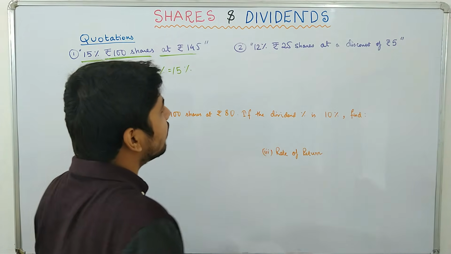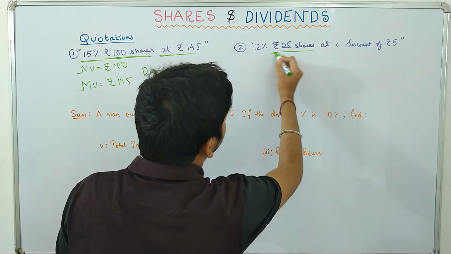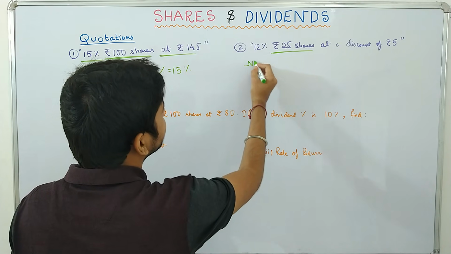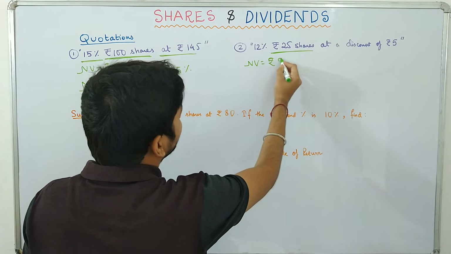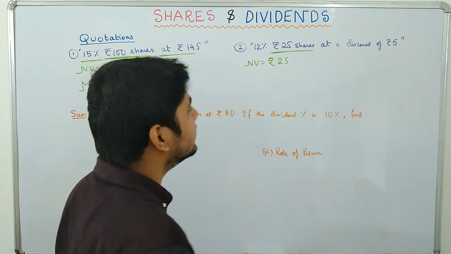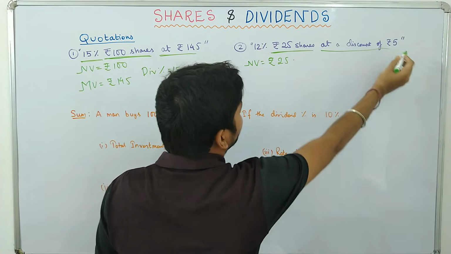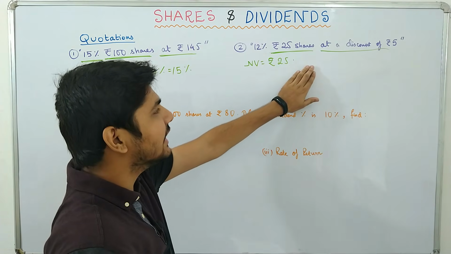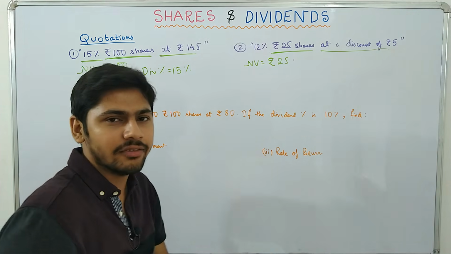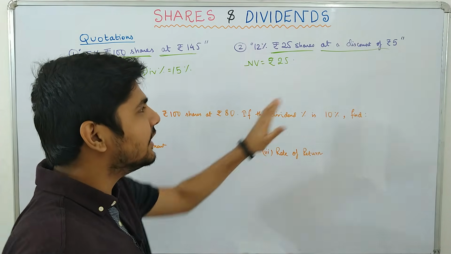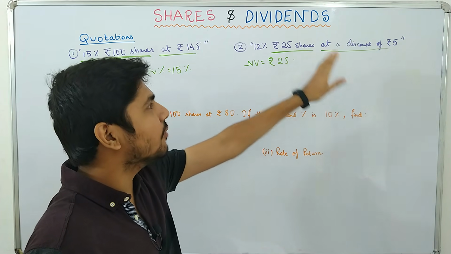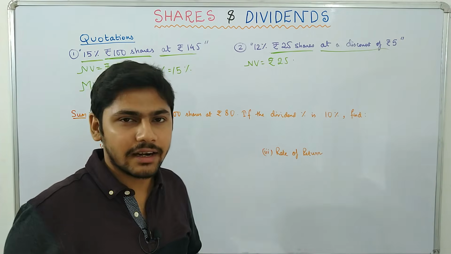First of all, we see rupees 25 shares. This gives us the nominal value, which is rupees 25. Then we see at a discount of rupees 5. That means rupees 25 shares are selling at a discount of rupees 5. I told you earlier, whenever it is given at a discount of rupees 5, we deduct the value of discount from the nominal value to get the market value.